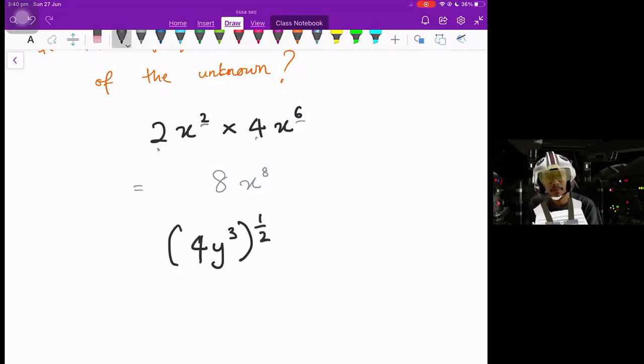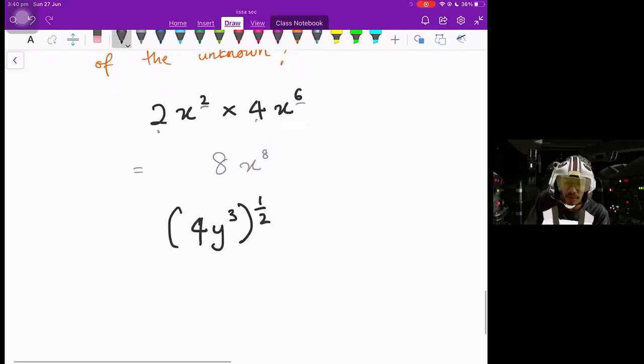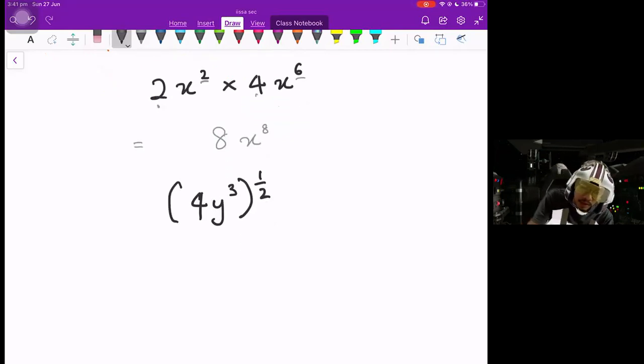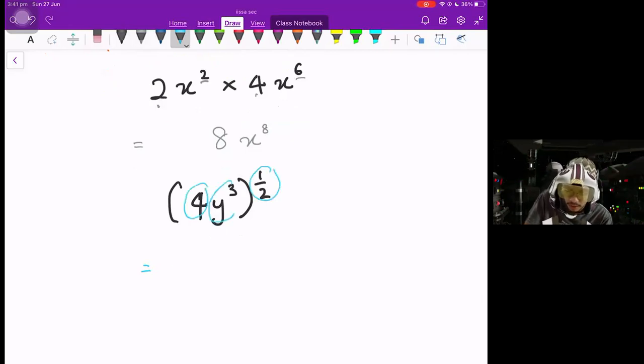So basically what we want is to deconstruct everything and eliminate the bracket. What you need to do is put the index on both the coefficient and also the unknown. So that is going to be 4 to the power of half, y to the power of 3 times 1 over 2.